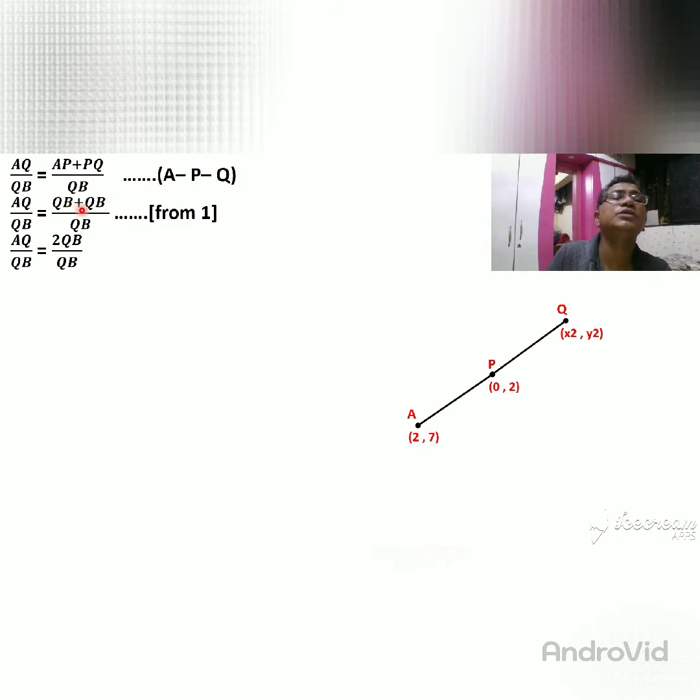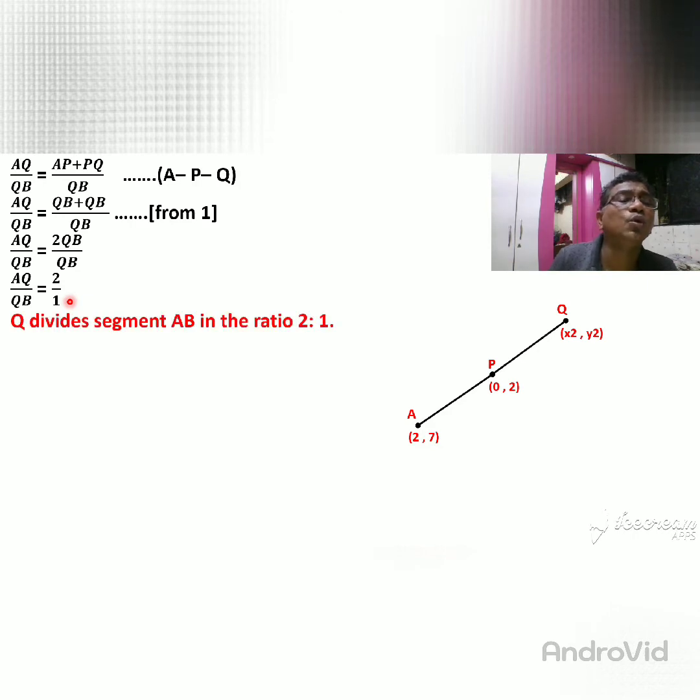So QB plus QB gives 2QB, and 2QB divided by QB, QB cancels with QB. So what you get is 2 upon 1. AQ upon QB is equal to 2 upon 1. This is the ratio you are getting, so Q divides the segment AB in the ratio 2:1.